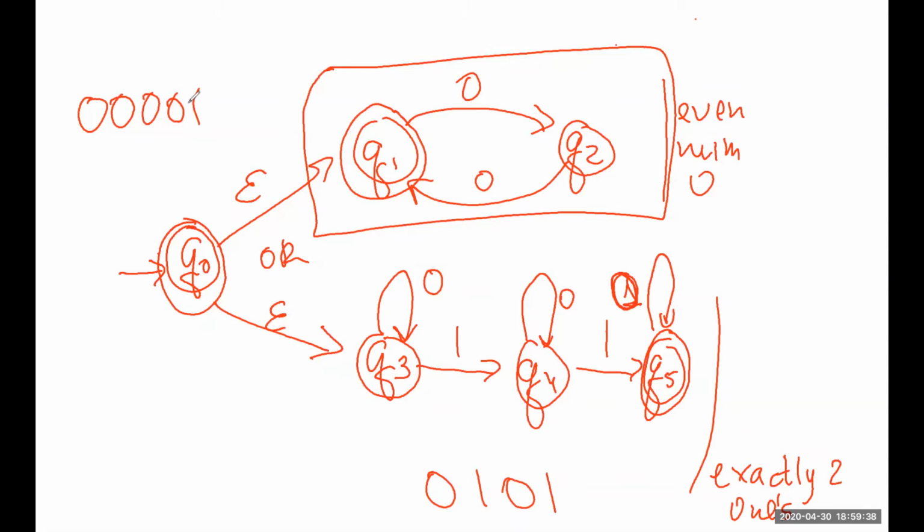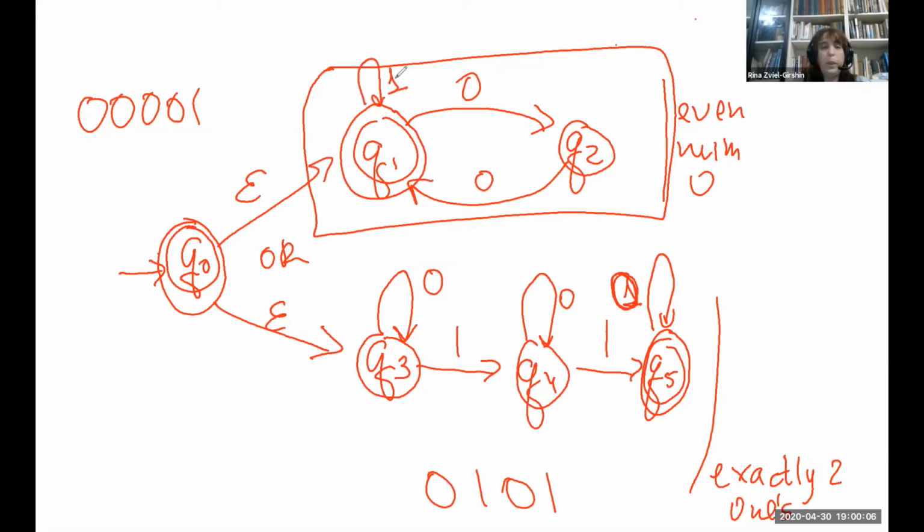So if we go to the first part of what I built, it was not a correct machine, or it was still not a complete machine. I finished the major part, the even number of zeros, but I didn't draw anything related to input 1. So in Q1, on input 1, I should build a loop. In Q2, on input 1, I should build a loop.